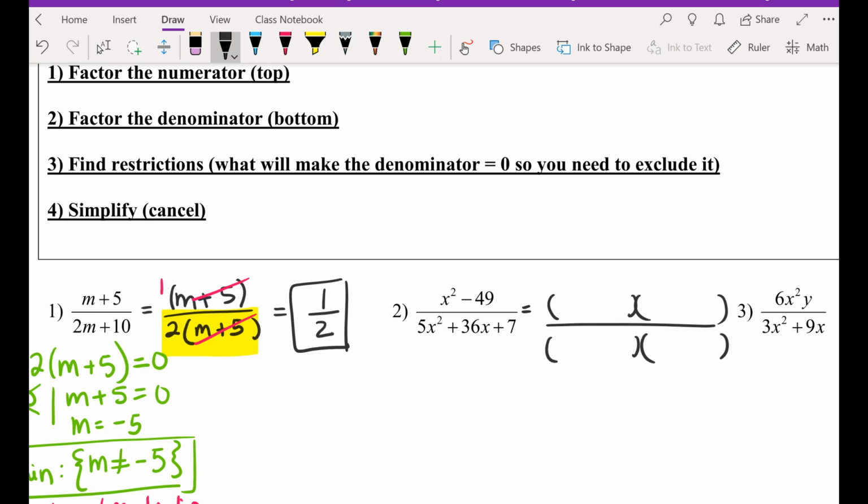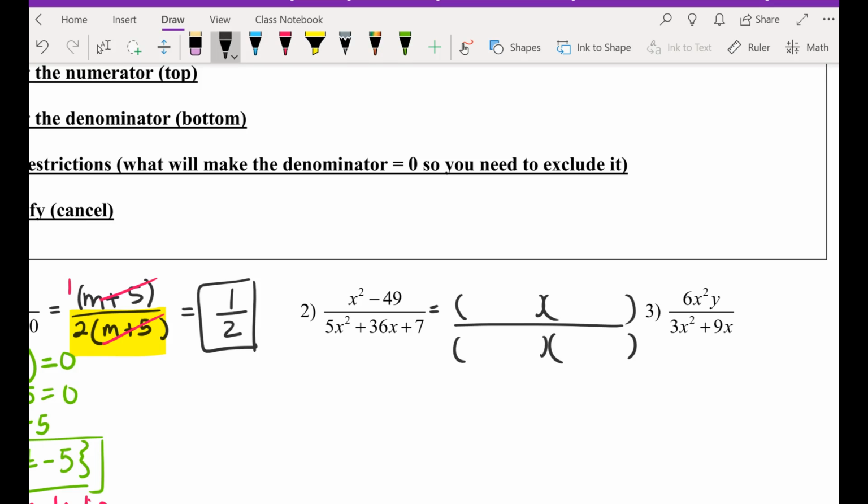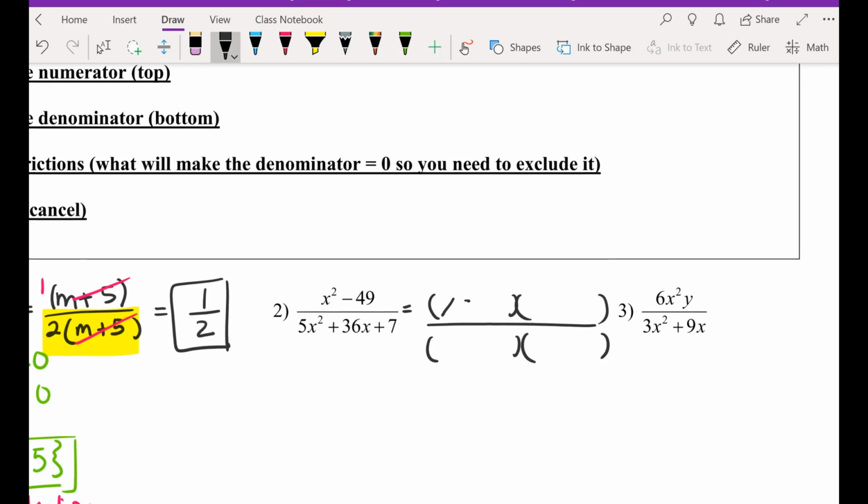Okay, I'm just asking for the factors. So listen up. Alicia, what are the factors for the top, the numerator? Good. (x - 7) times (x + 7).